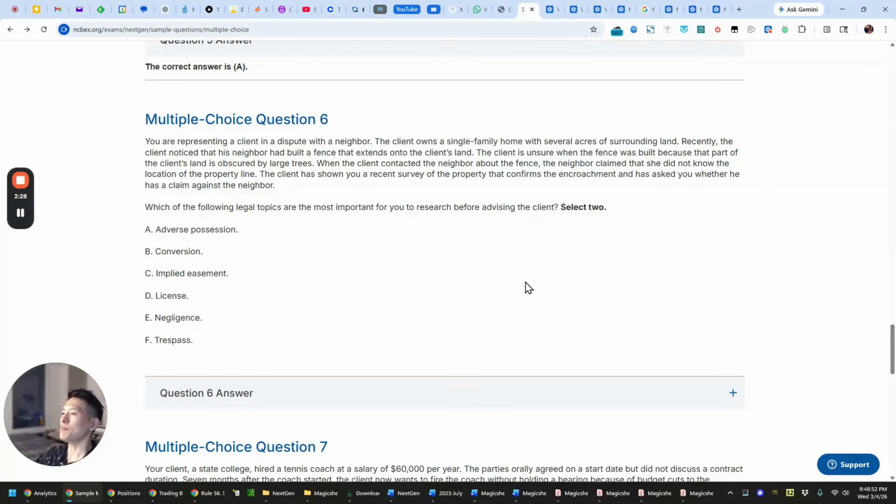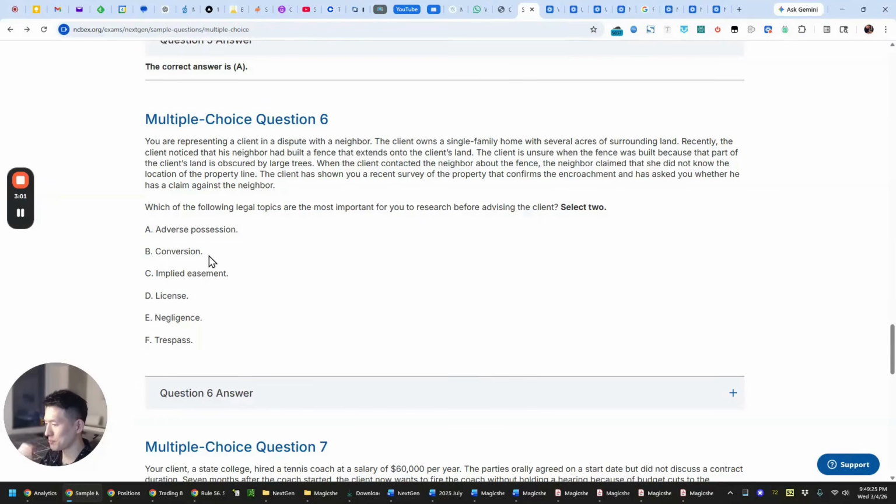So here there's some element of physical encroachment. There's a fence that extends onto your client's land. So we want to know what involves physical encroachment. At first glance, maybe trespass could be something like that, because that requires some physical entry onto your land. Adverse possession, maybe.